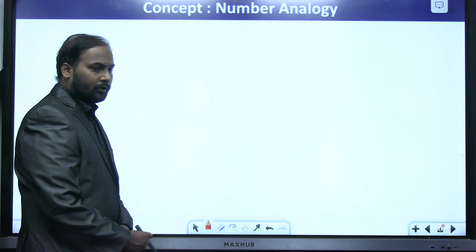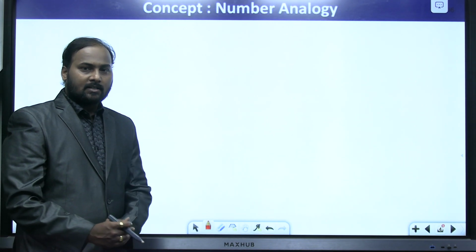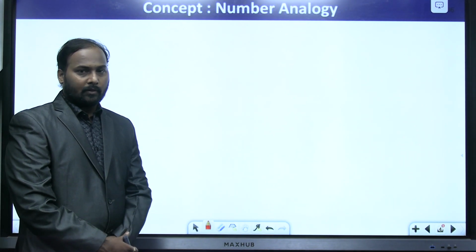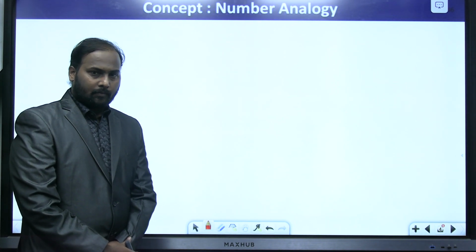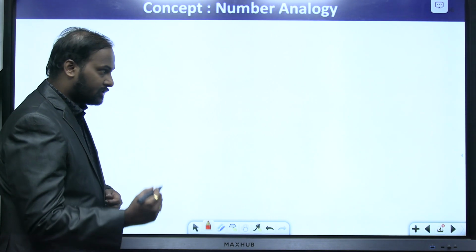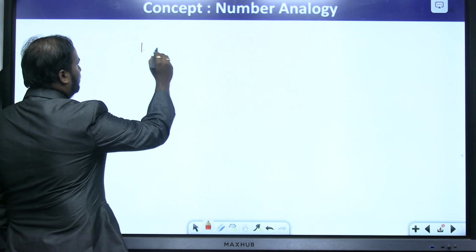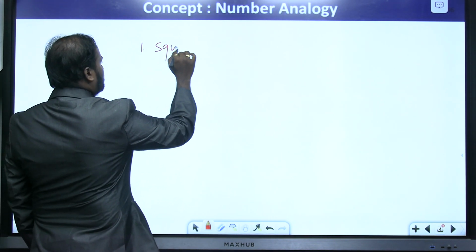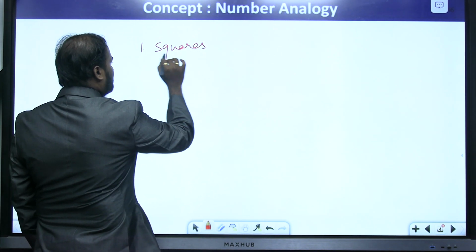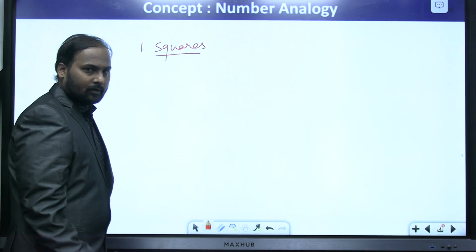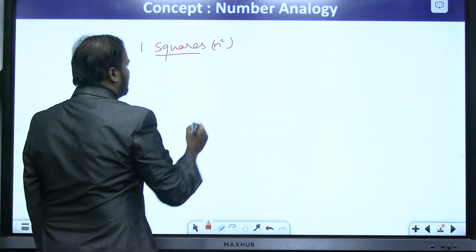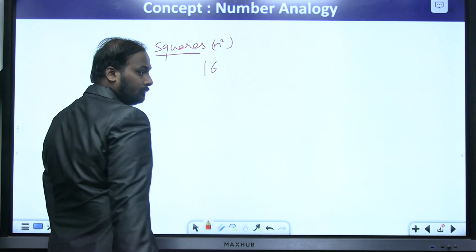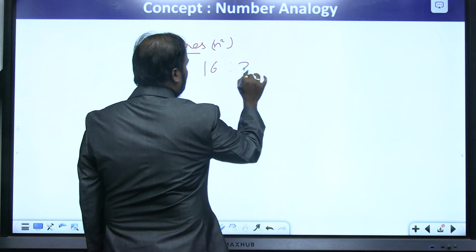Particularly in number analogy, the topic we are going to start, he will give two numbers and ask you to establish the relationship between them. This relationship is of different types. For example, the first one, we start with squares. For example, there is 16 and 36.